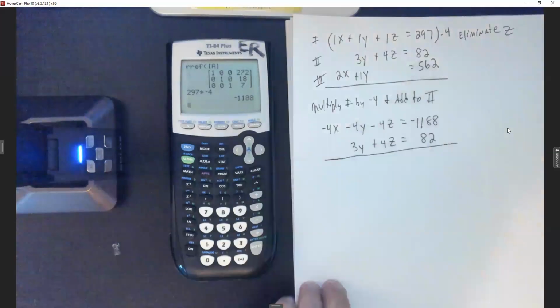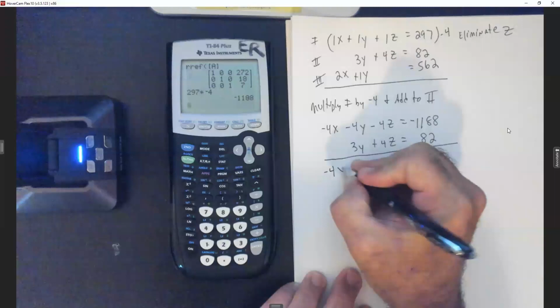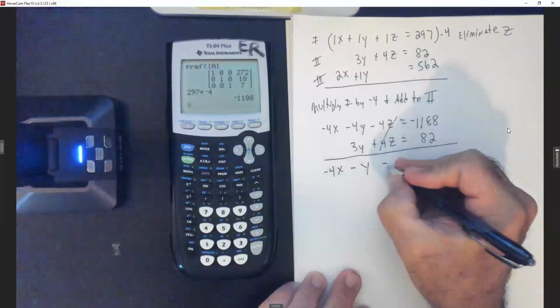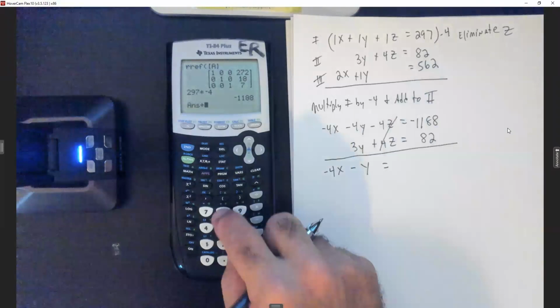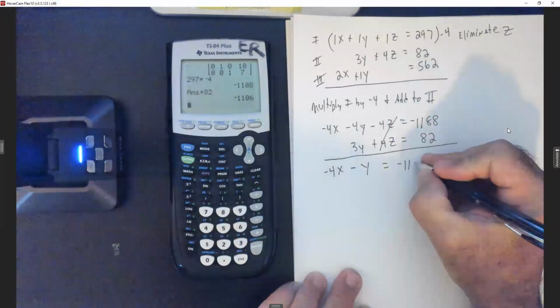So let's add those. That negative 4x comes down. Negative 4y plus 3y gives you negative 1y. The z's canceled. Negative 1,188 plus 82 is going to give us a negative 1,106.